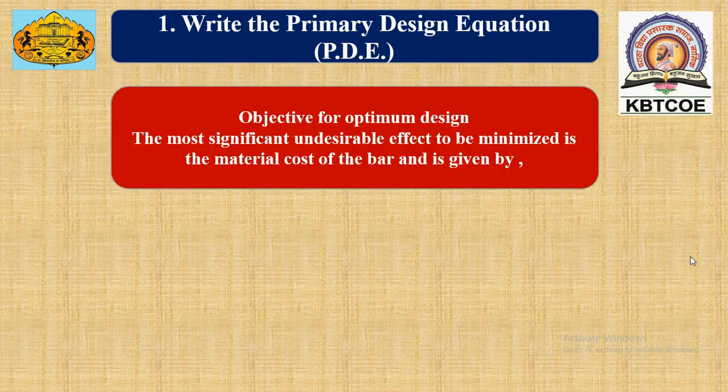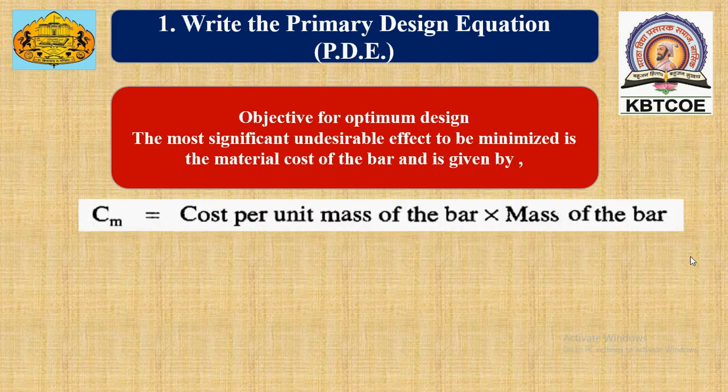The objective for optimum design, the most significant undesirable effect to be minimized, is the material cost of the bar, and is given by the relation CM equal to cost per unit mass of the bar into total mass of the bar.